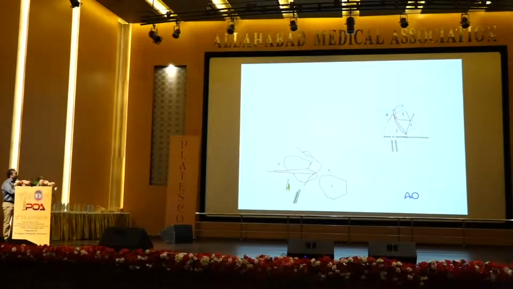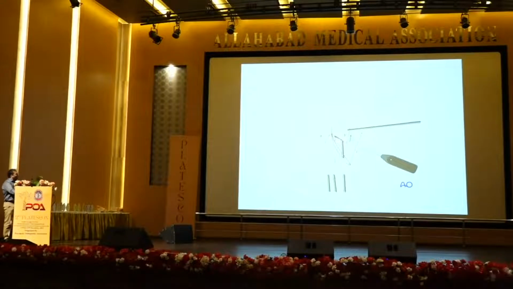The first maneuver which we do is to reduce fragment 4 with fragment 2. We put in a Schanz pin or a thick K wire, try to correct the heel varus, and put 2 K wires to hold fragment 2 with 4. The depressed posterior facet is elevated up, and we hold fragments 3 and 4 together with another K wire.